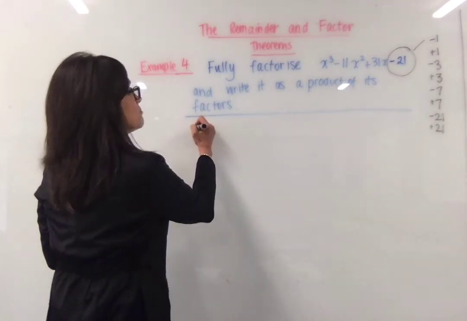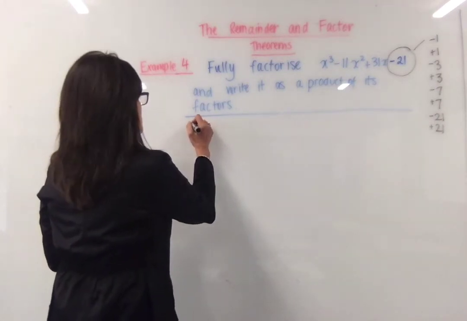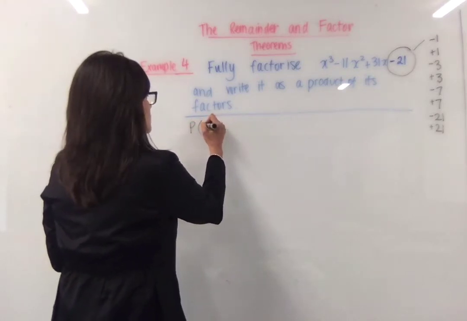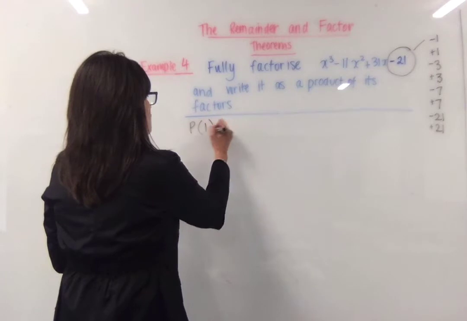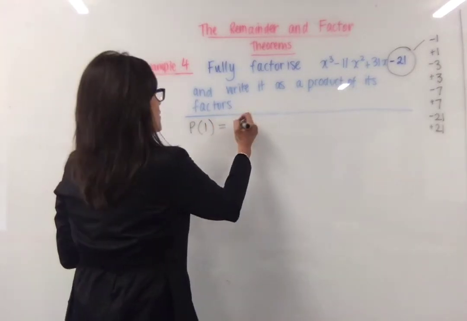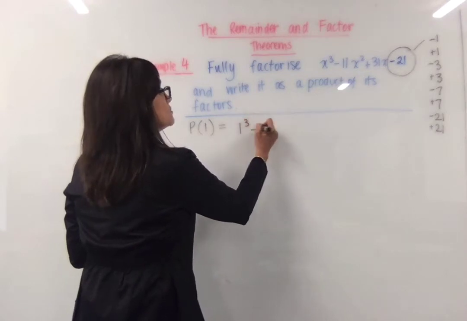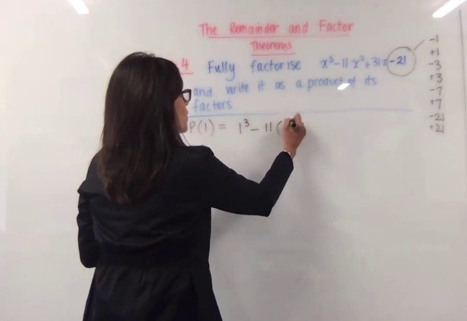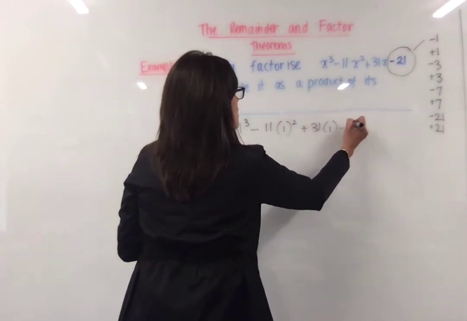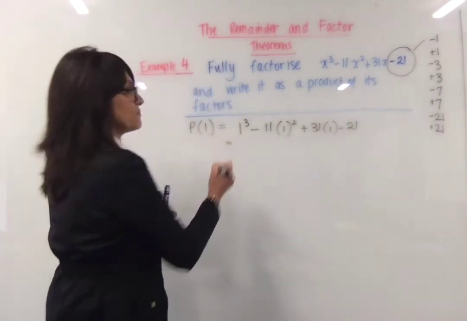So that means I'm going to substitute into my polynomial p of 1, a factor of 1. Okay, and we end up with 1 cubed minus 11 times 1 squared plus 31 times 1 minus 21.